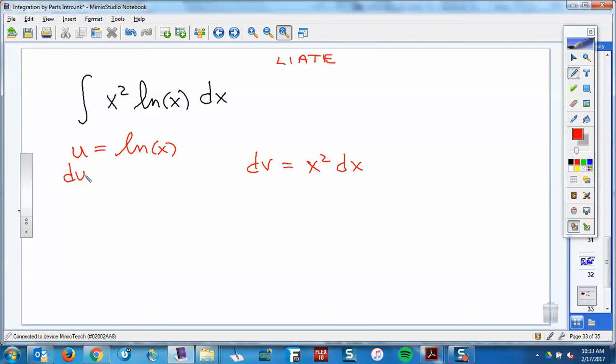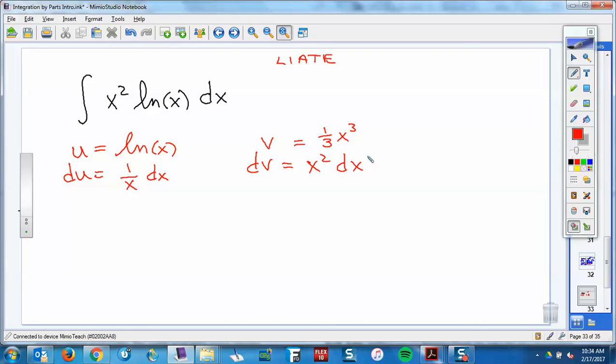Okay, so du would be 1 over x dx, and your v, 1/3 x cubed, and we don't need the plus c, okay? And again, I do like the thought of going up like that. I think maybe it is a way of thinking of antiderivative more, because that is a mistake I would see people make.